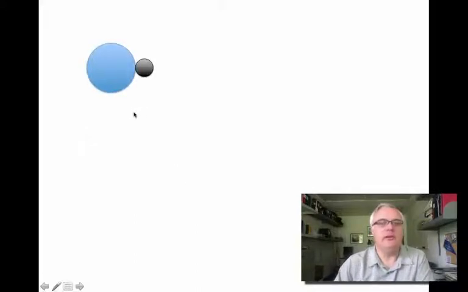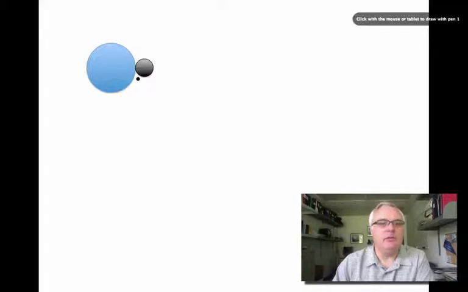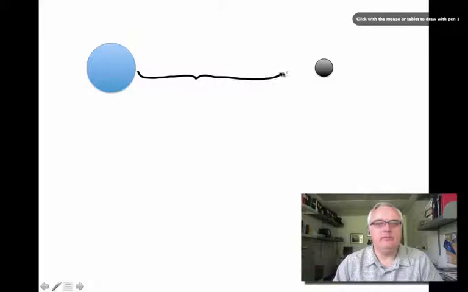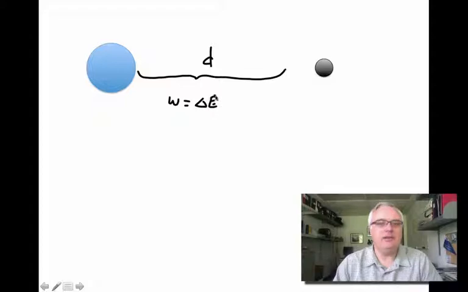So here's a simplified version of the Earth and an object on the Earth, obviously an oversized object. But we're going to take this object and move it from the surface of the Earth out to here. So in order to lift it this distance, d, we're going to have to do work. We're going to have to change the energy of this object.